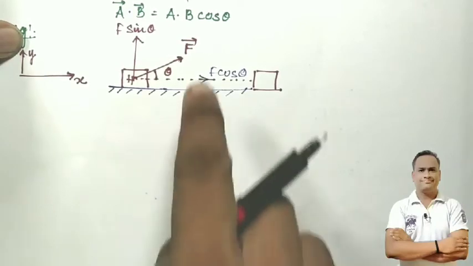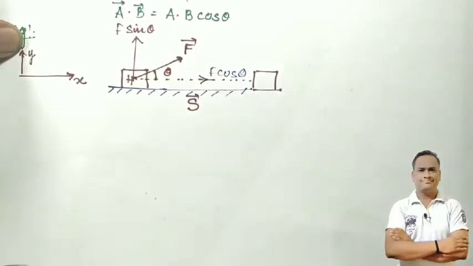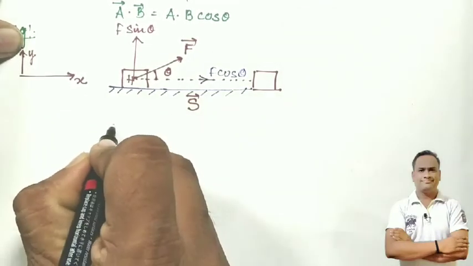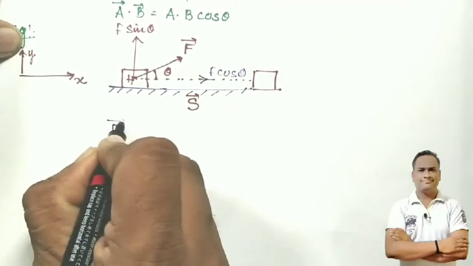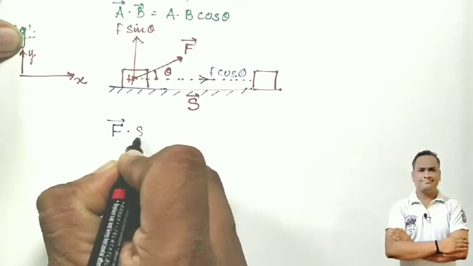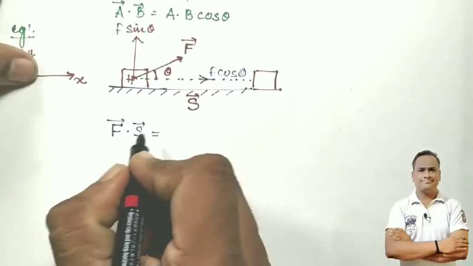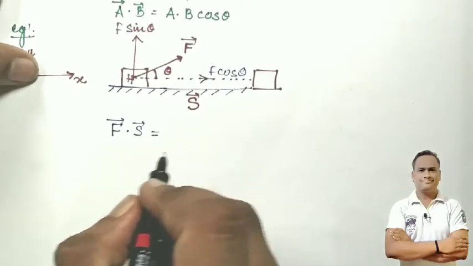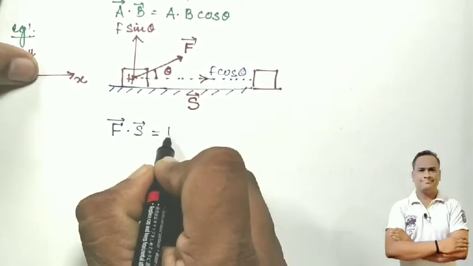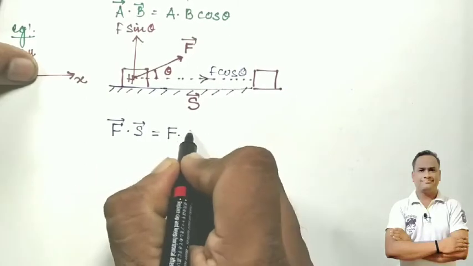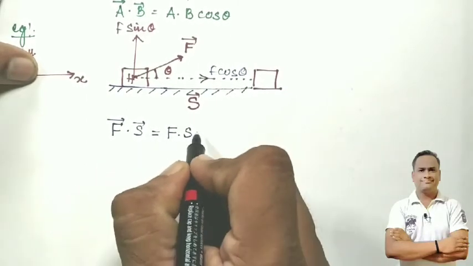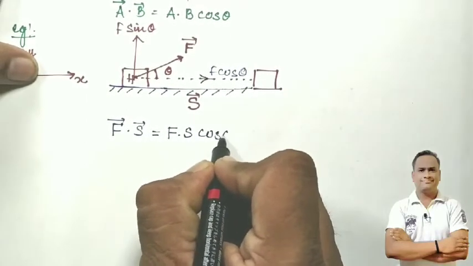So we are going to take the product of these two vectors, F and S. The product of the first vector, force, and the second vector, S. According to the scalar product, we have to take only their magnitude. So only F, only S, and the angle between them, that is cos theta.